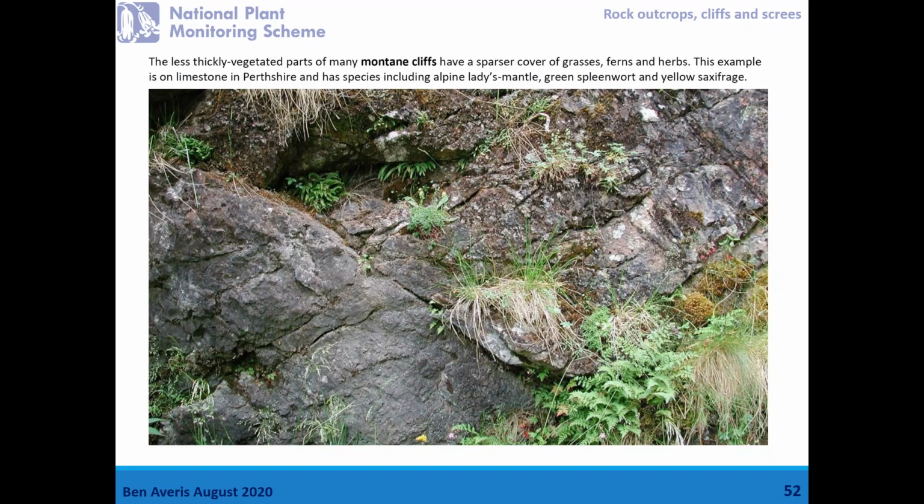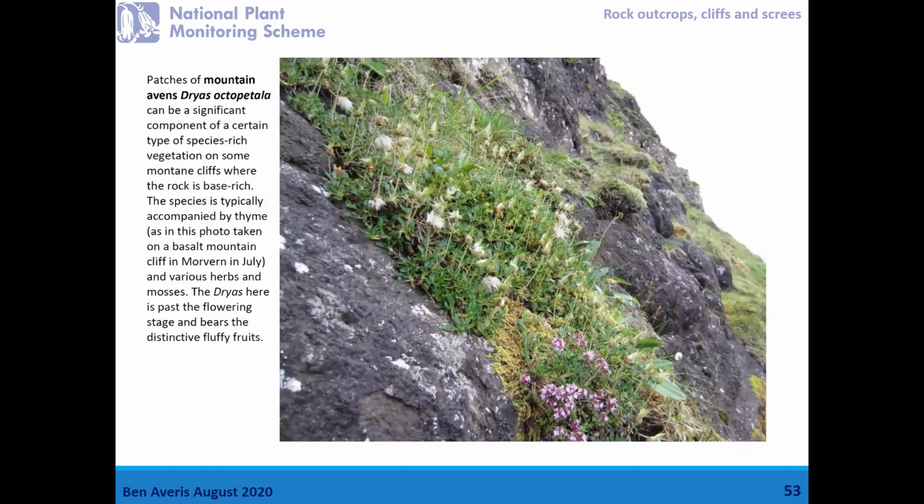And the next page has something similarly base rich. This is on basalt in the West Highlands, and it's a big clump, a big patch of Dryas, the mountain avens, which has passed its flowering, but the flowers have gone into these fluffy fruiting heads, very, very distinctive.